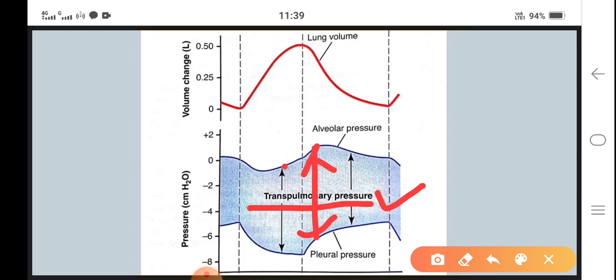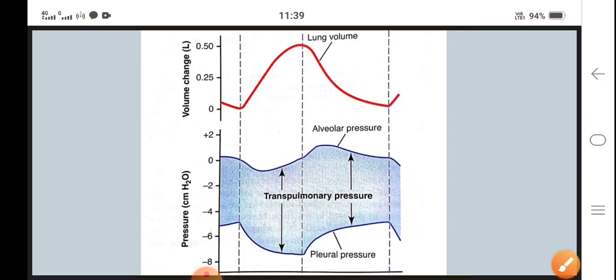Now we come to the compliance of the lungs. The extent to which the lungs will expand for each unit increase in the transpulmonary pressure, if enough time is allowed to reach equilibrium, is called the lung compliance.